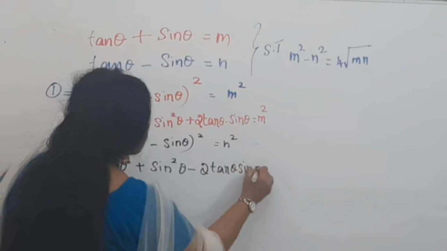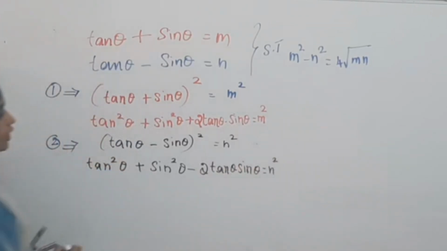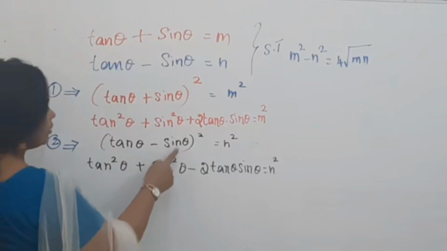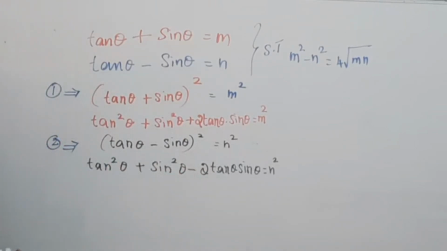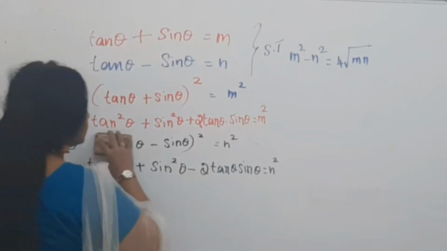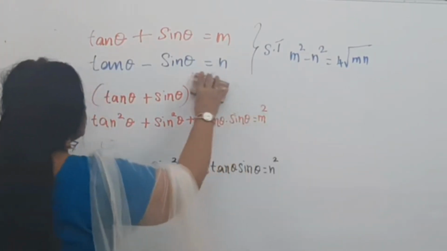Hope you understand, which is my n square. Hope you understand (a minus b) the whole square is a square plus b square minus 2 into a into b. That is my 2ab. Now I am going to subtract. So hope you understand this. So I just rub this one.